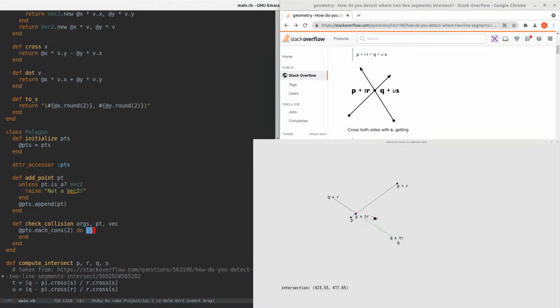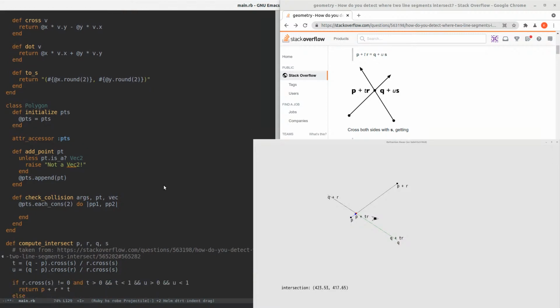So this is polygon point 1, polygon point 2, and we're just going to compute this by doing, so this right here is our p value.